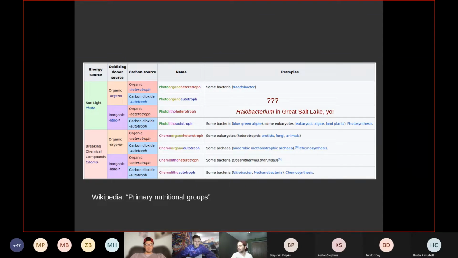Isn't it that part that says inorganic? No, it's an organo. Oh. Yeah, this one here. So something that uses sunlight and an organic source for electrons and CO2 for carbon.